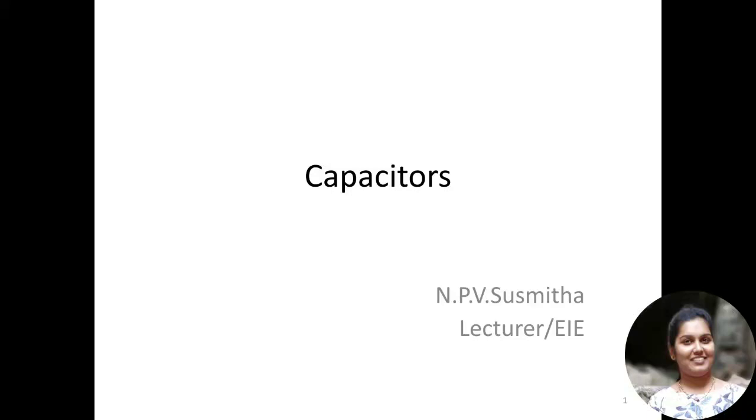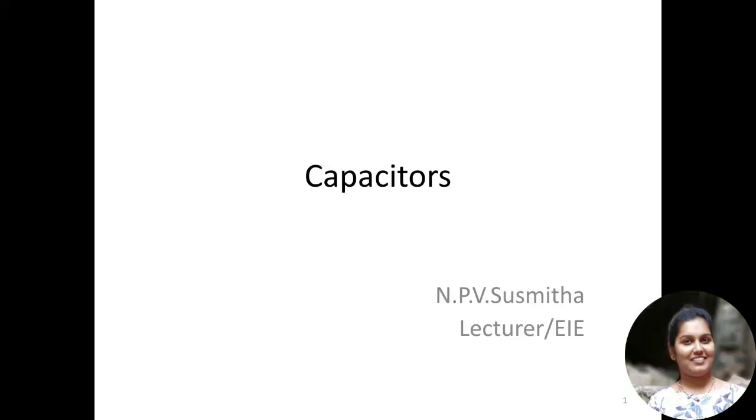In the last videos we have started discussing the various capacitors that are available, and the specifications or characteristics of the capacitors have been discussed in detail in the previous video.